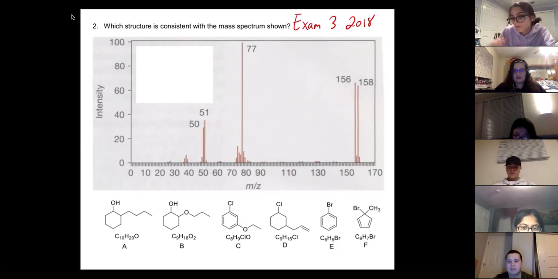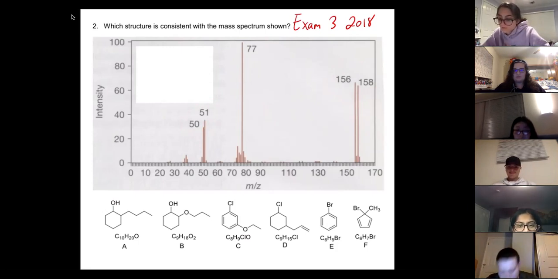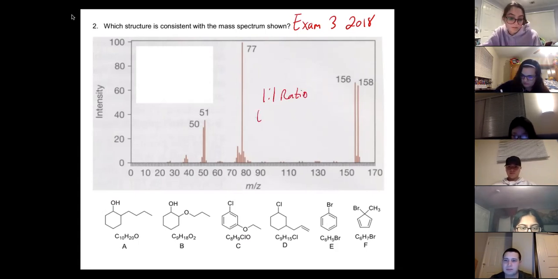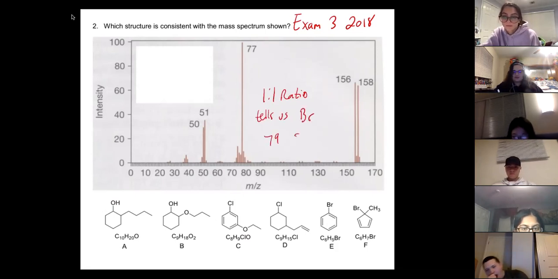So if students know that, it's essentially a 50-50 shot. Okay. So you have that 1:1 structure. So see if you can figure that out. The reason we know it's bromine is because bromine has two different isotopes, 79 and 81, I believe. Yeah.